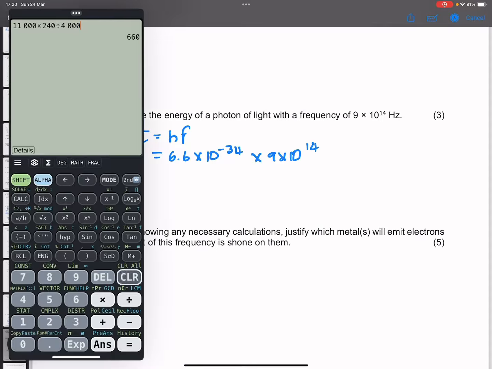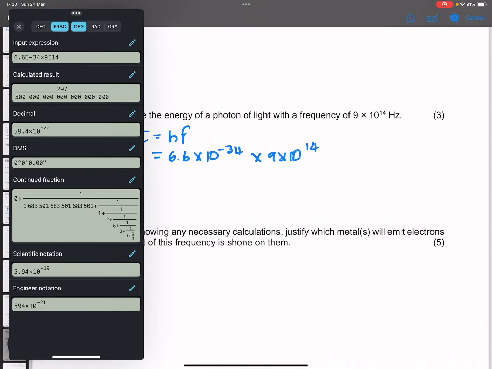So let's calculate that. That's 6.6 times 10 to the negative 34, multiplied by 9 times 10 to the 14. I get that massive value there. Let's do it in scientific notation.